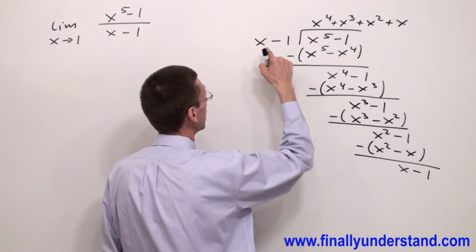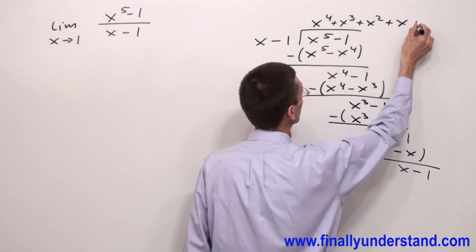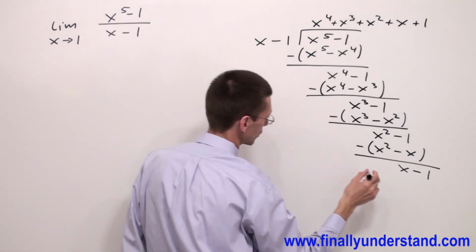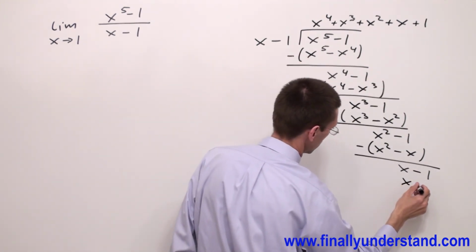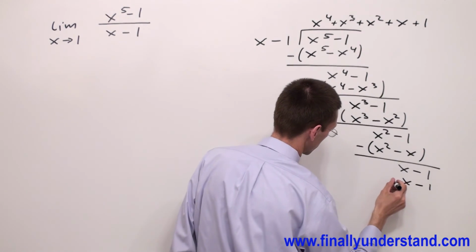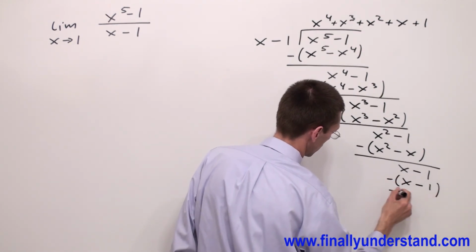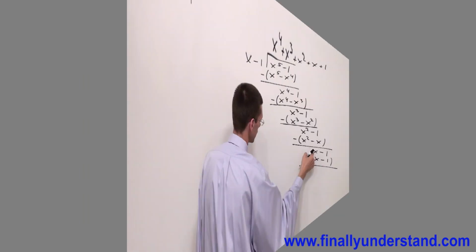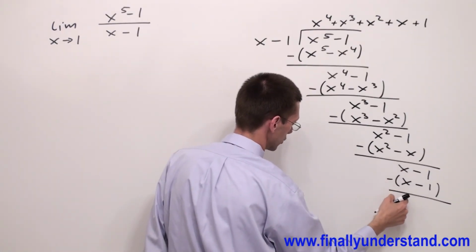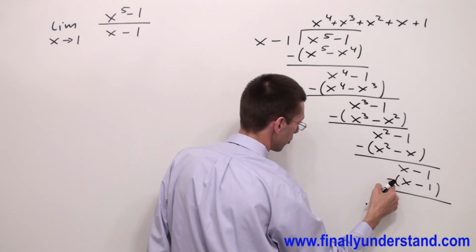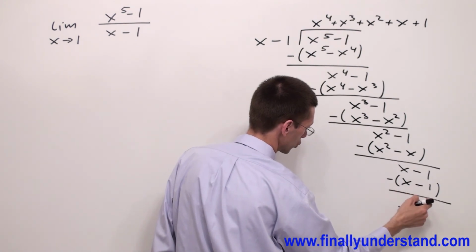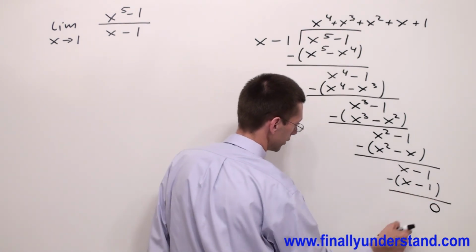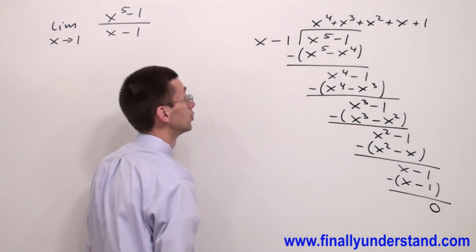X divided by x gives me 1. 1 times x gives me x. 1 times negative 1 gives me negative 1. Subtract. X minus x is equal 0. And I have negative 1 plus 1, because negative times negative is plus, is also 0. So that's why this is remainder 0.